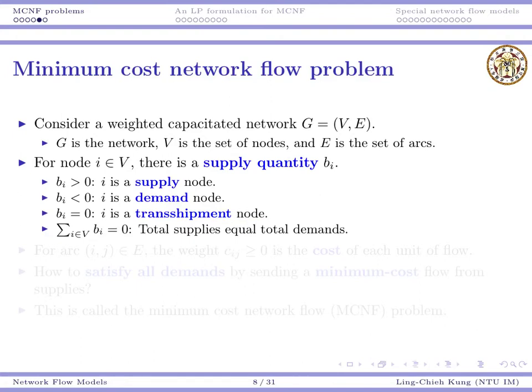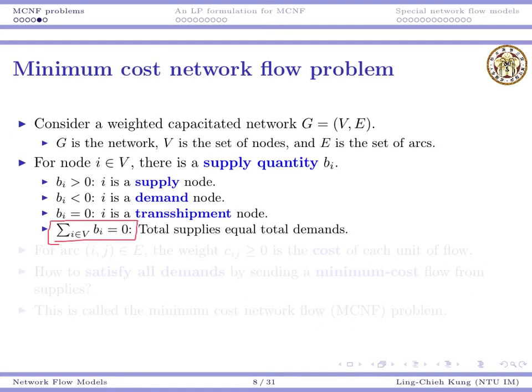One important thing here is that for minimum cost network flow problems, we assume or we require that the total supplies and the total demands must be identical. So the sum of all the Bi must be 0. Later you will see that this assumption is required for our formulation to be feasible.